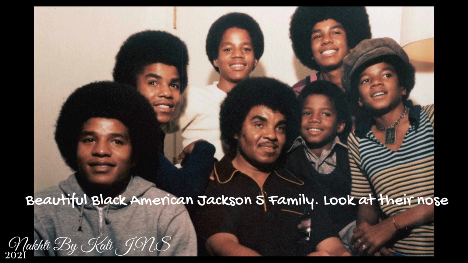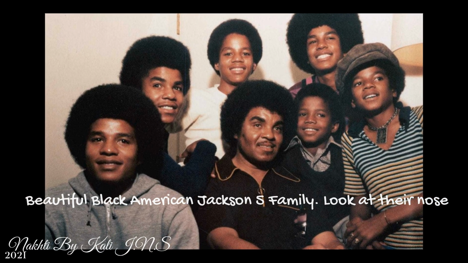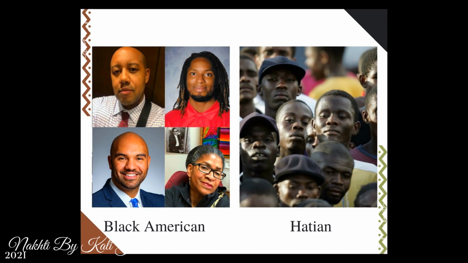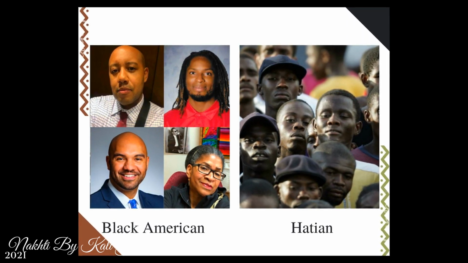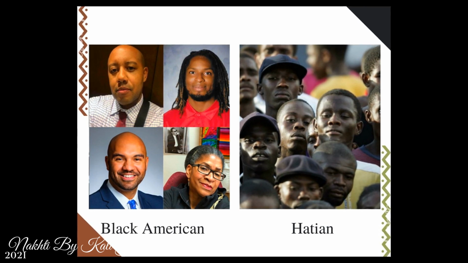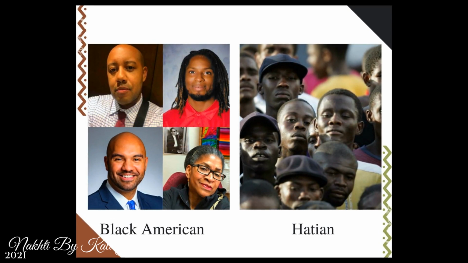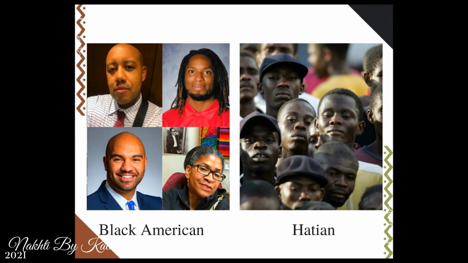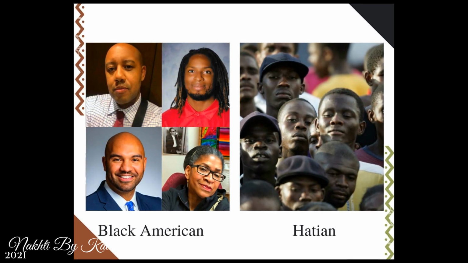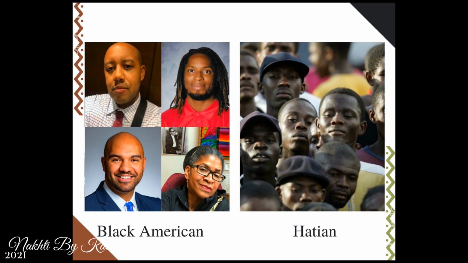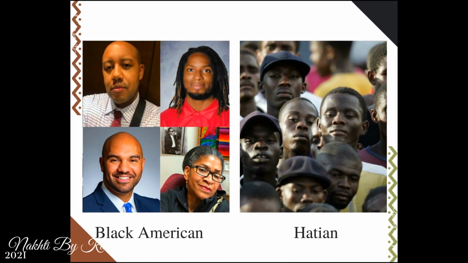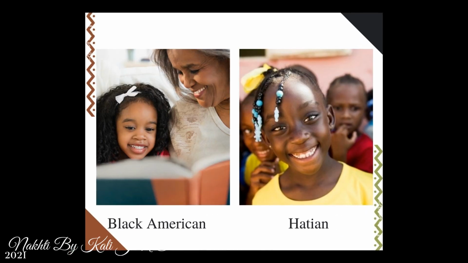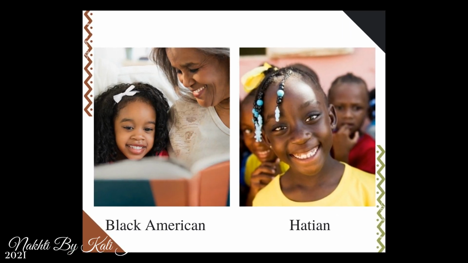And you can see the comparison to how the Haitian looks, which tends to be darker in skin color, I think they have less bone in their nose, because their nose does not have as much fat in the tip. So as you can see, you have the Haitians, and they have their unique look, and you have the Black American and their unique look, and one is not better than the other. It's just, you should know the difference between how a Haitian looks and a Black American.